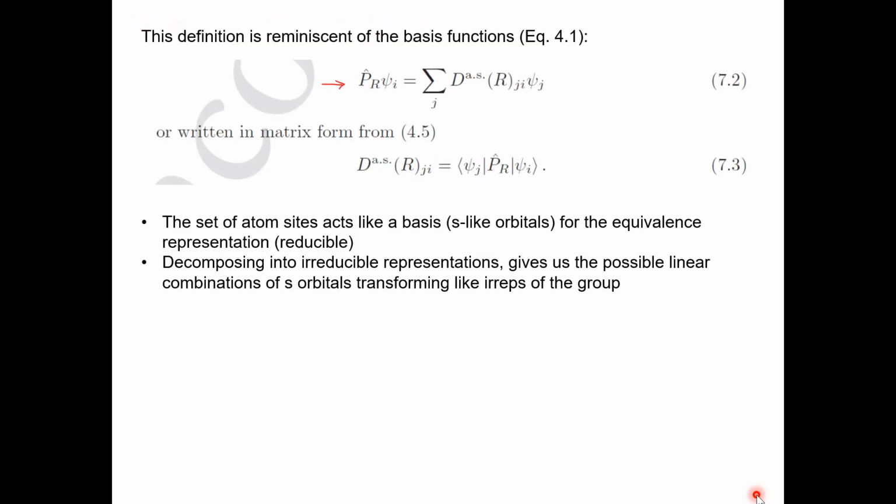Of course, to get the wave functions, I have to apply the projection operator sometimes, but it's very useful to know beforehand what the irreps are that I should expect for a given problem. Okay, so just to give you an example of how to construct the functions, the eigenstates, let me do this.